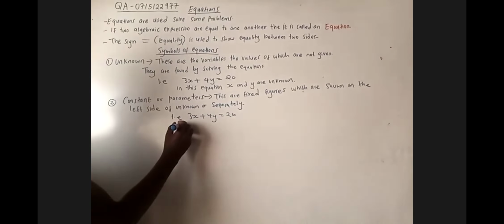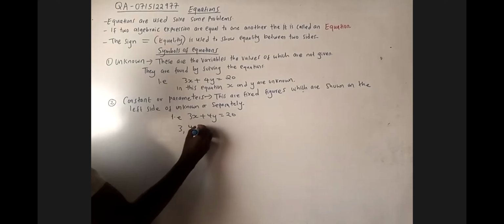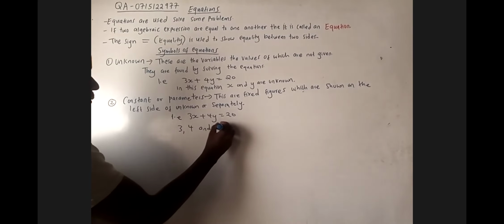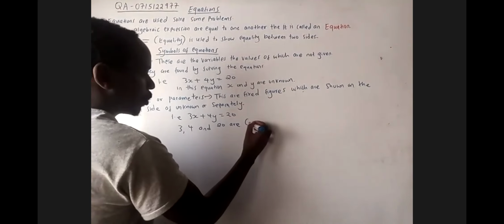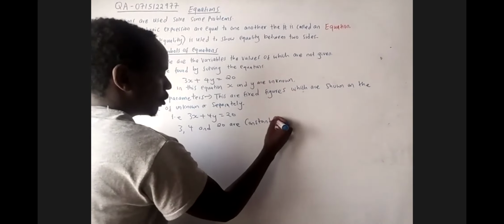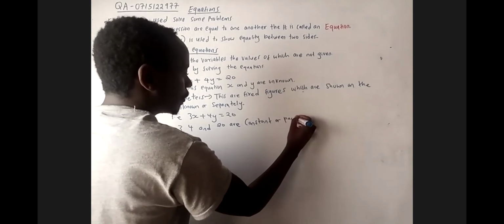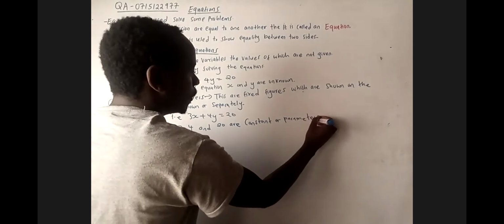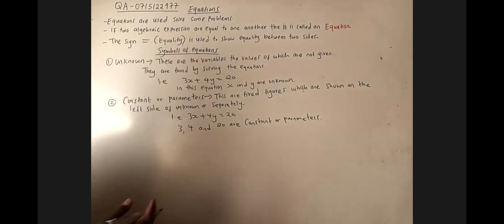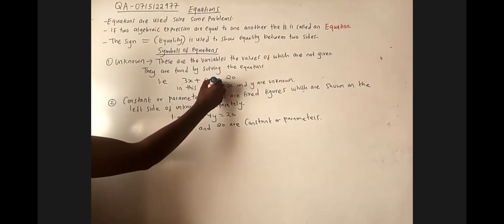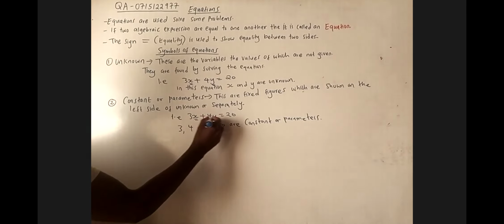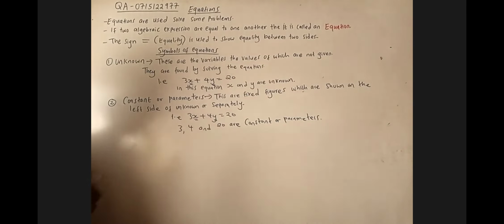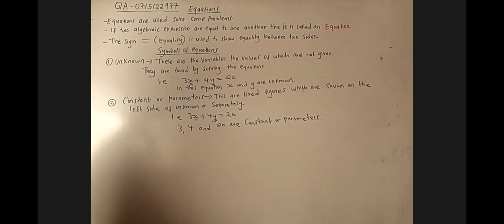Now 3, 4, and 20 are parameters or constants. They can be on the left side of the unknown. For example, the unknowns are x and y, so they will be on the left side of the unknown.